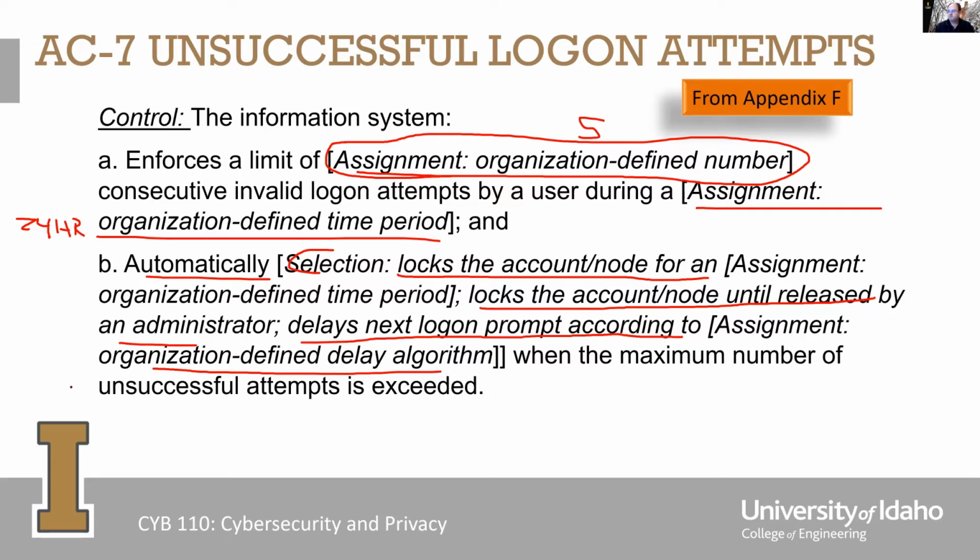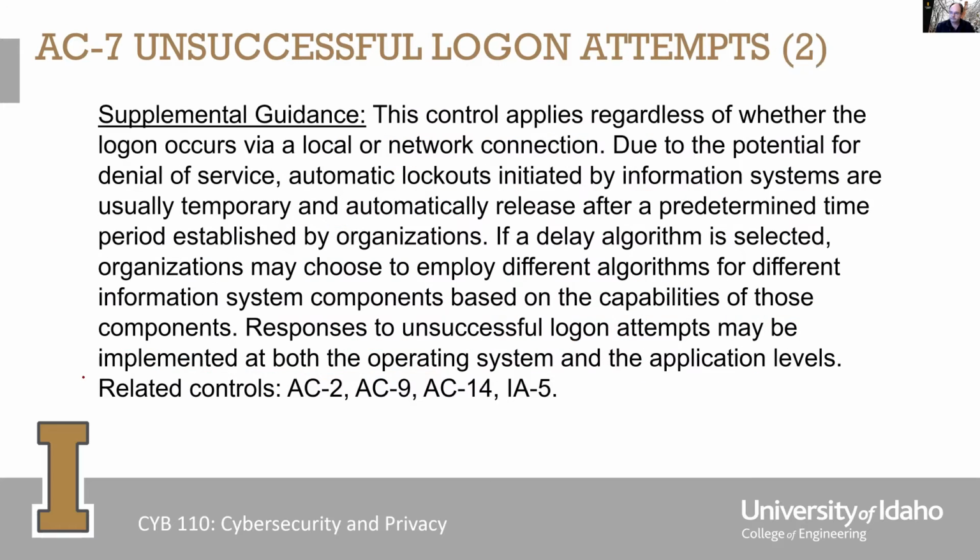So maybe the first 3 attempts, you're fine. The next one takes an extra 10 minutes. You have to wait 10 minutes, then 20 minutes, then 40 minutes, then an hour. And again, these things are selected and chosen when the maximum number of unsuccessful attempts is exceeded. So they go through and they say, these are all the things you have to choose.